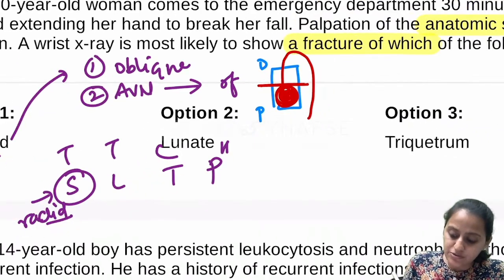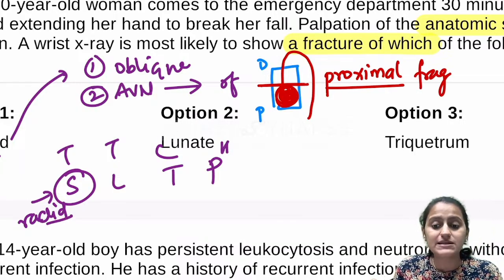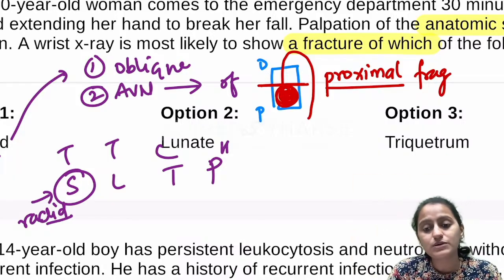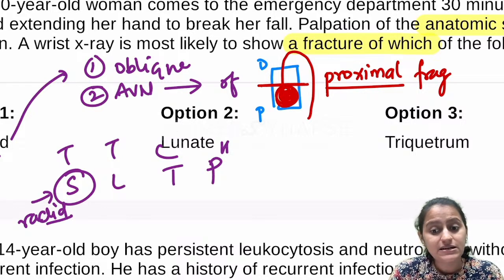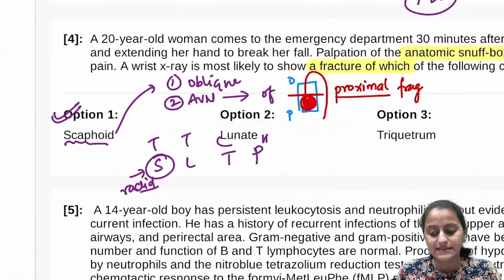So this is going to be the AVN of the proximal fragment, which is at a risk, because the blood flow comes in the reverse direction. Is this clear with everyone? Yes, not the distal. Rajat, remember it is proximal, not the distal. Okay, so proximal fragment is at a risk, and that is AVN.